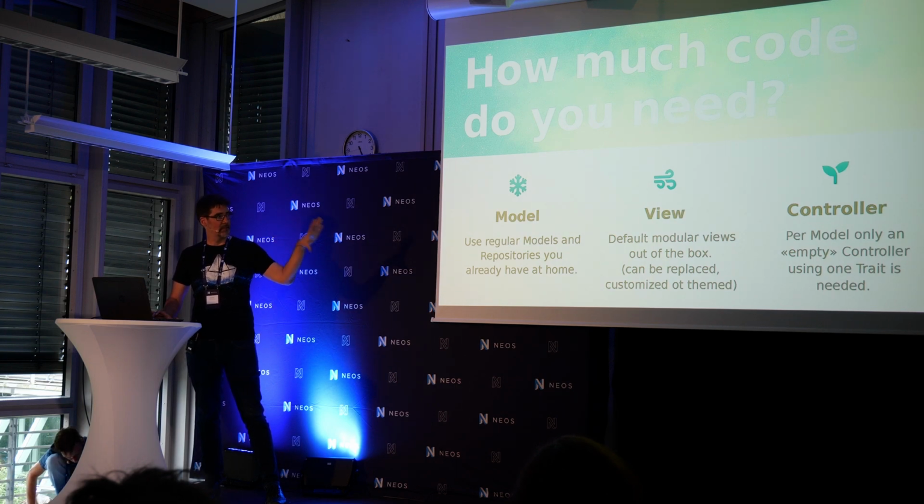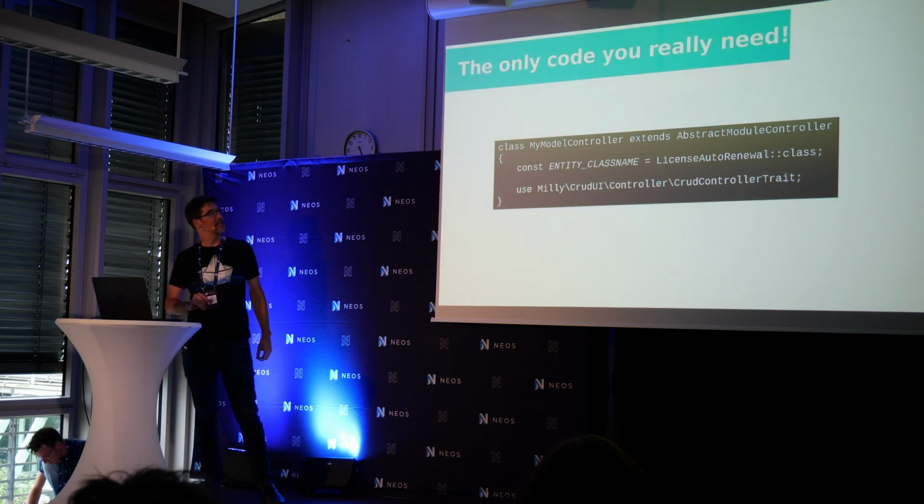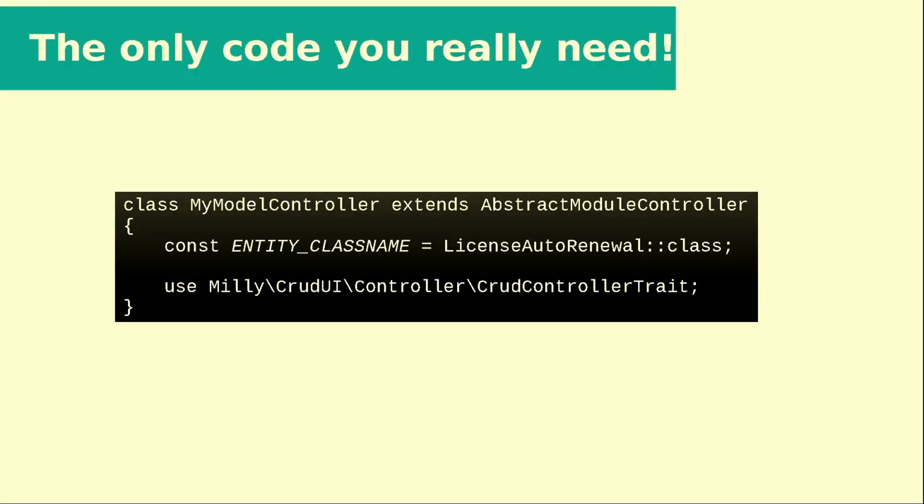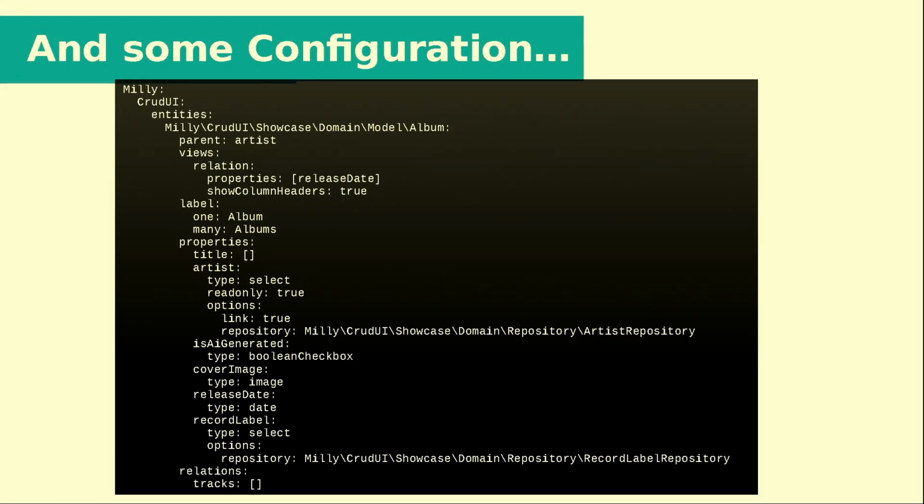And you need a controller for each model, but this is basically the only code you really need to have the backend views, apart from module configuration, and this configuration that tells the package what property types it needs to use to display or edit the properties of this model.